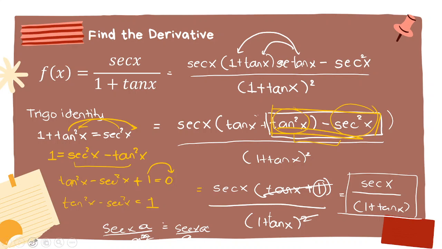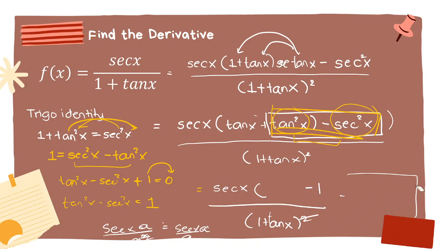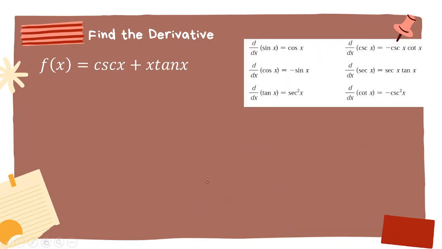Mali pala yun. Kasi, ulit. Hindi pala plus 1. Dinistribute ko si minus 1 dito. Minus 1. So, hindi pala siya pwede. Joke lang yun. Tan x minus 1 pala. So, yan na po ang final answer. Ito na ang final answer.